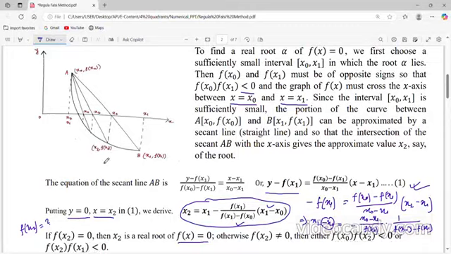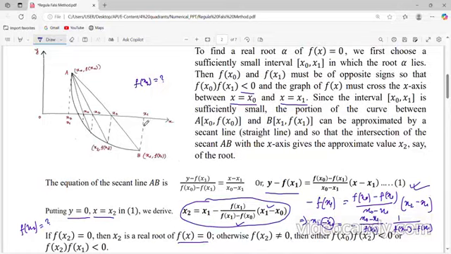So after getting x2, we have to find f(x2). If f(x2) equals 0, then x2 is a root of f(x) equal to 0. If it is not equal to 0, the root lies between either x0 and x2 or x2 and x1. This is the next assumption.